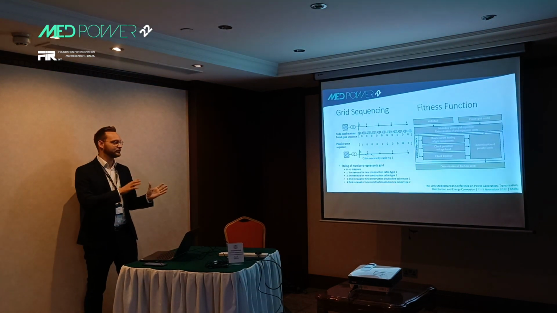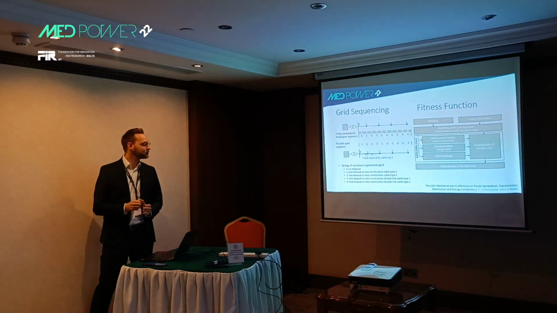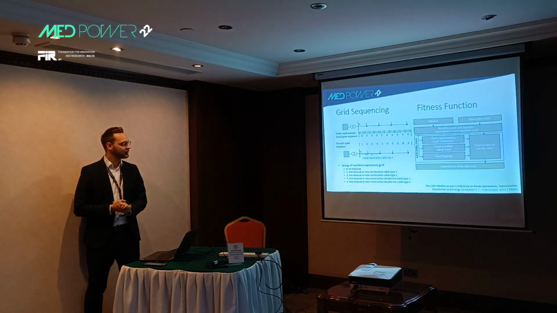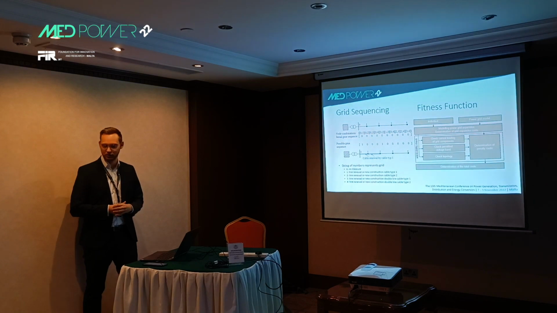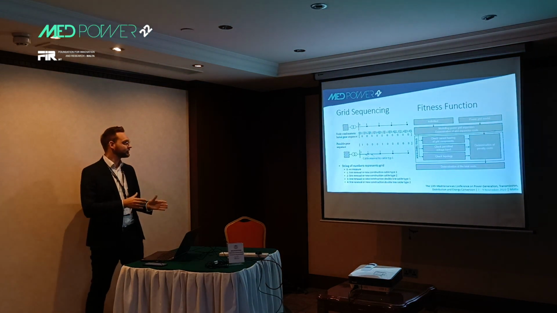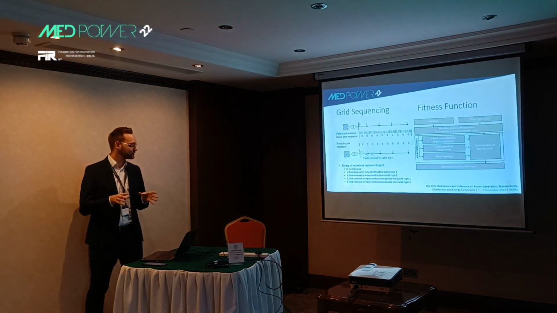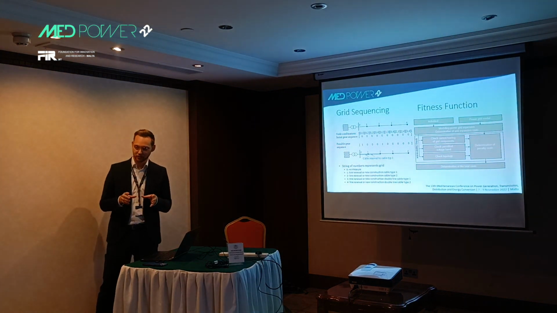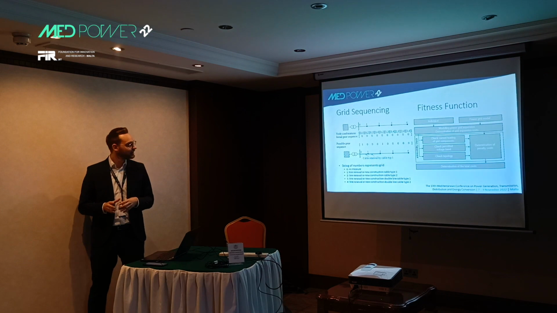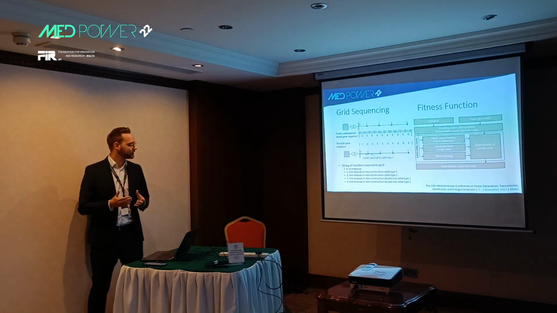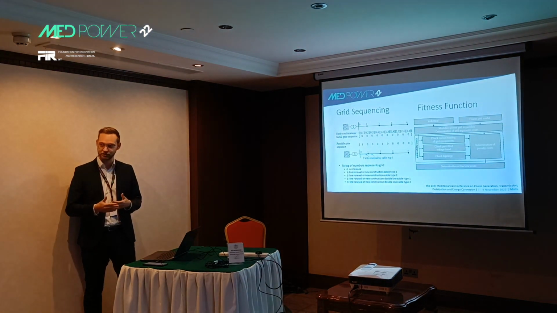Here we can see on the left side our grid sequencing, and on the right side our fitness function, which we use to evaluate our grid models. On the left side, our grid sequencing, we are transforming our grid to a string of numbers which represent the grid, and the numbers represent changes to the initial grid.